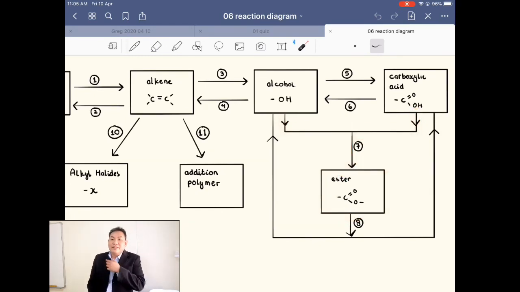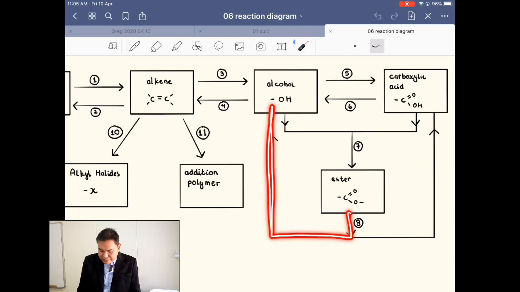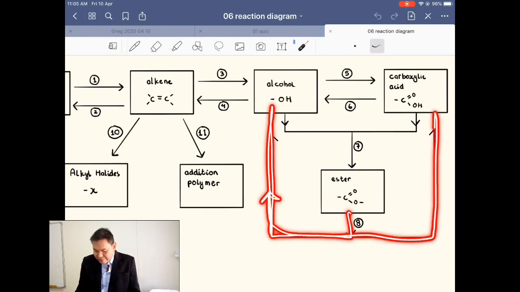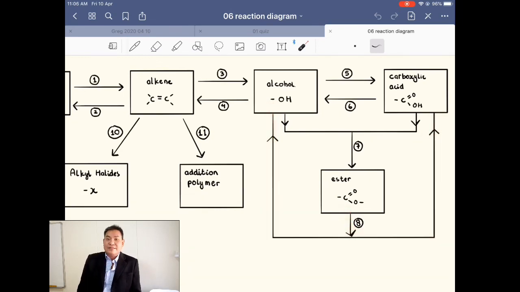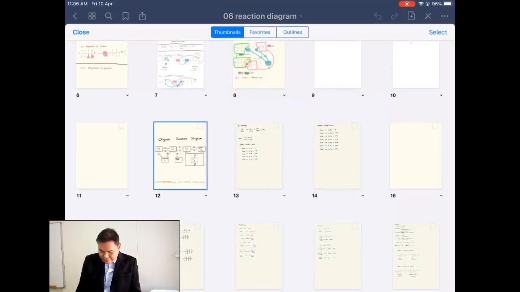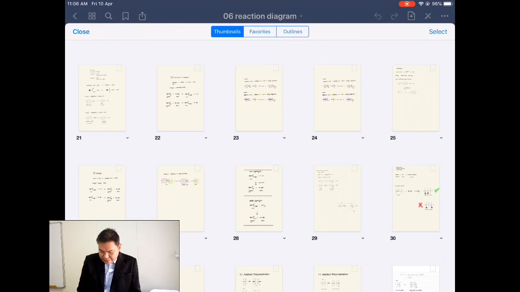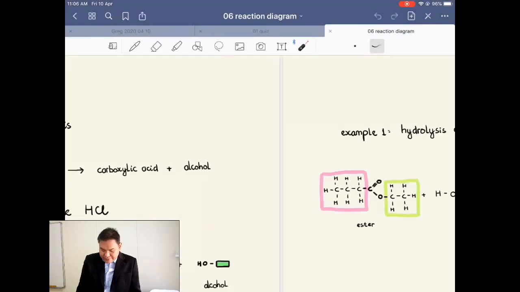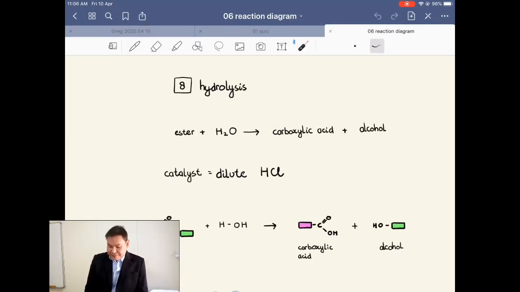Reaction number 8 is the opposite of that. Ester breaks up to produce carboxylic acid and alcohol. The name of the reaction is hydrolysis. Okay, hydrolysis, very simple. The opposite, this is the pattern.